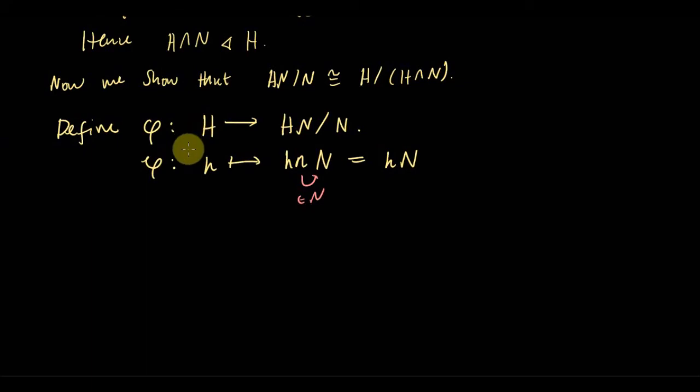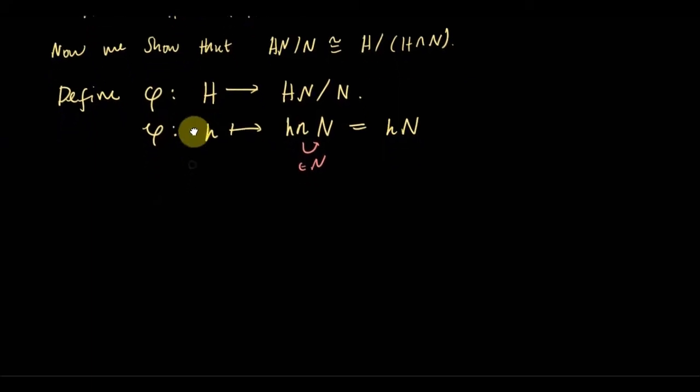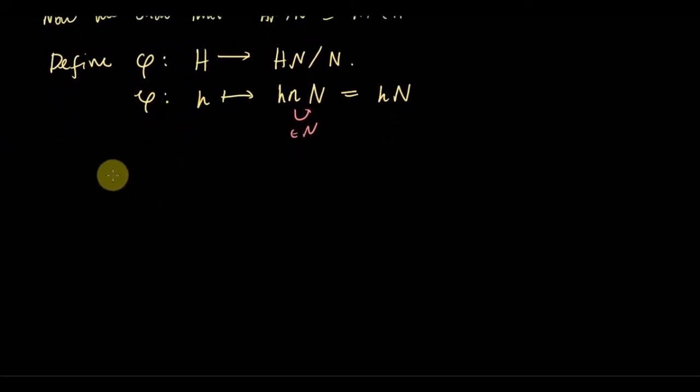So we've got what we think is a homomorphism. So let's show it's a homomorphism. Take x, y in H. Now phi of xy equals xyn by the definition of the mapping we gave up here.